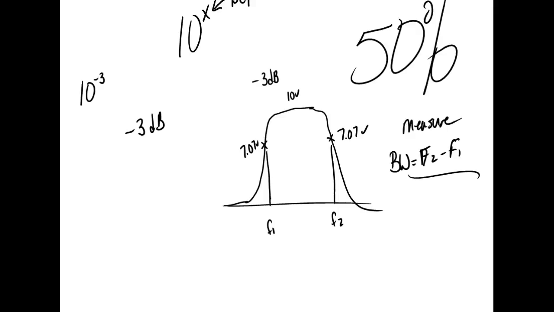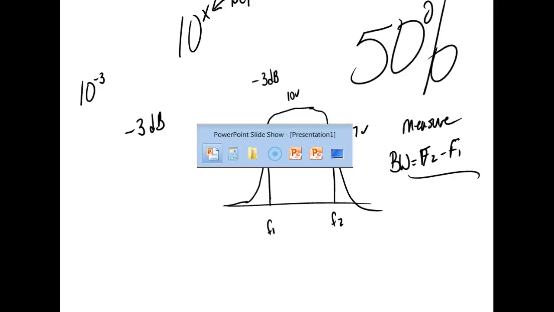We take the bells and multiply it by 10. If we're dealing with power, we multiply it by 10; if we're dealing with voltage, we multiply it by 20. So we do gains, we do losses.